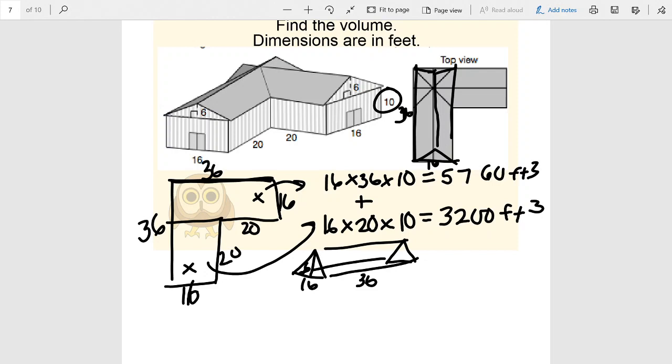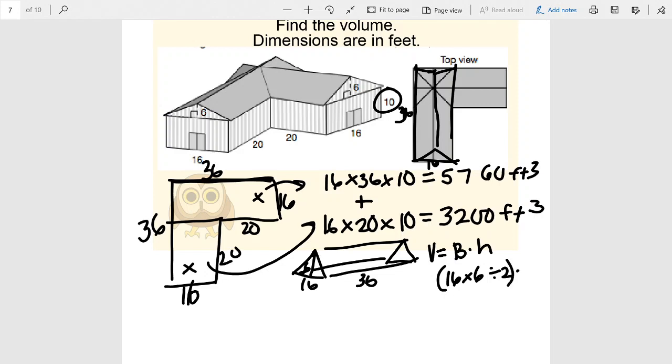Okay, so I just need to find the volume of each of these triangular prisms. Here we go. Volume is area of the base times the height. Now the area of the base in this case, since it's a triangular prism, we have an area of base times height divided by 2. So because that triangle is our base, base times height divided by 2.